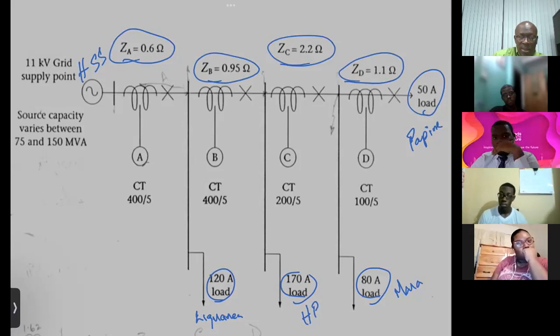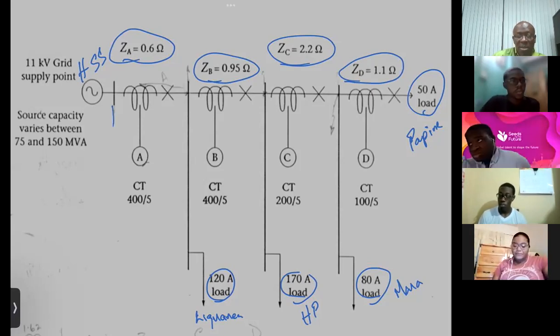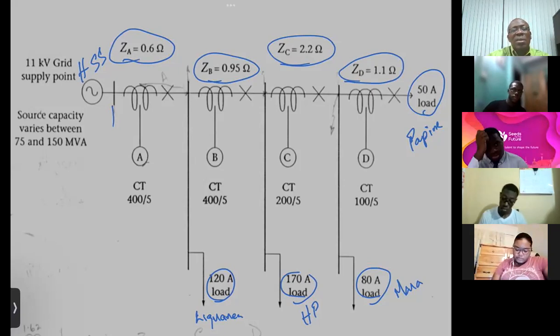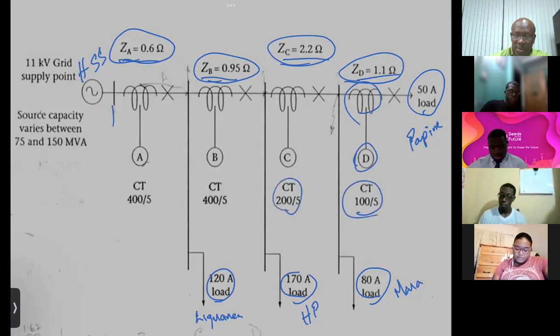So between the substation and Liguanea, well, this is a bad example because we really should be going up the road, and a feeder can spread in two directions. But you understand the concept, right? So we have the reactance, the impedance between each point. We have the relaying point. Here's my relay, and the CT that is supplying each of these relays.